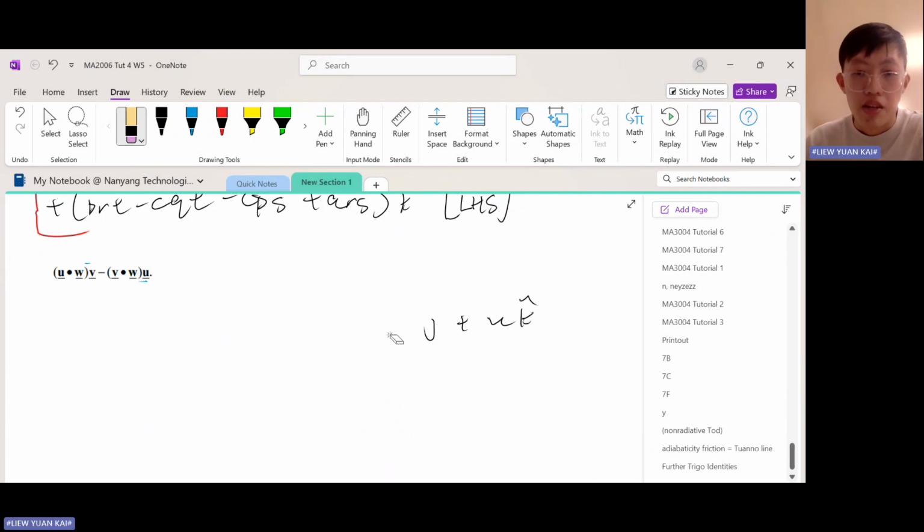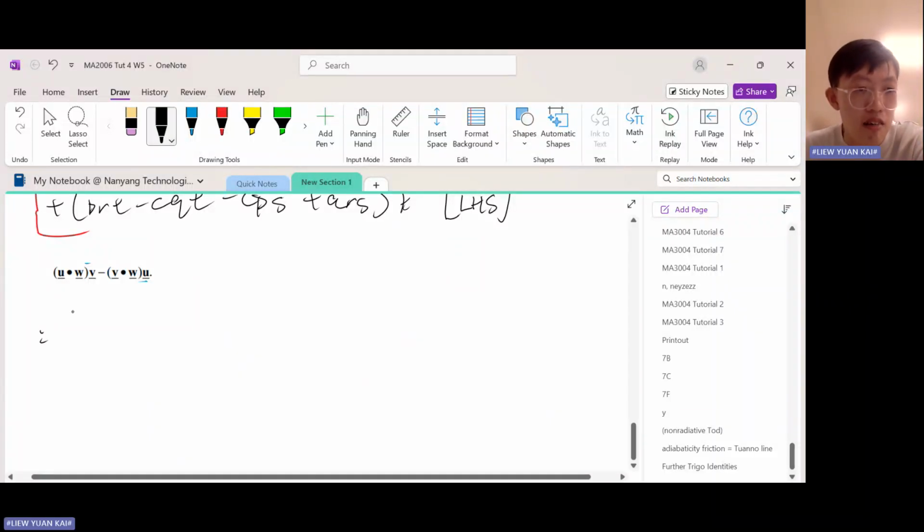Usually when I do dot products, it's easier to write them as column vectors.